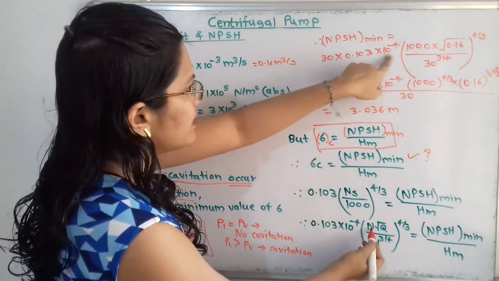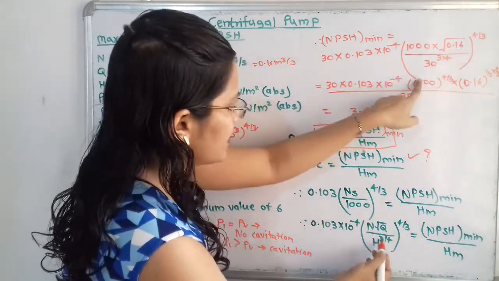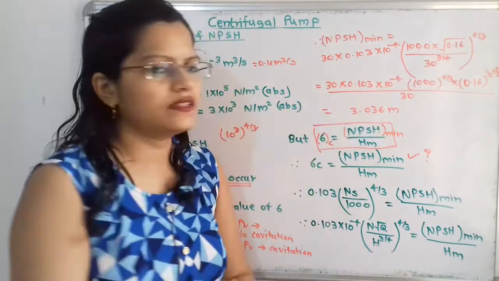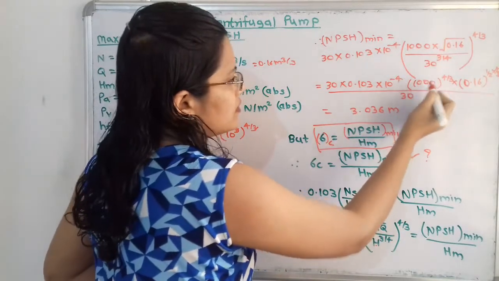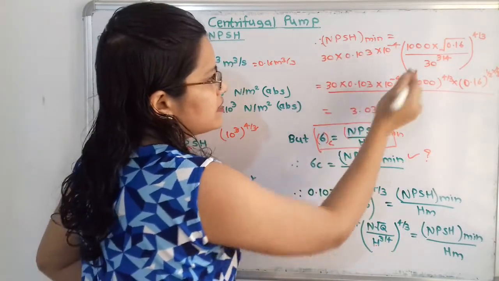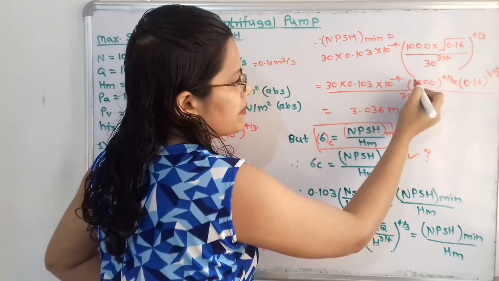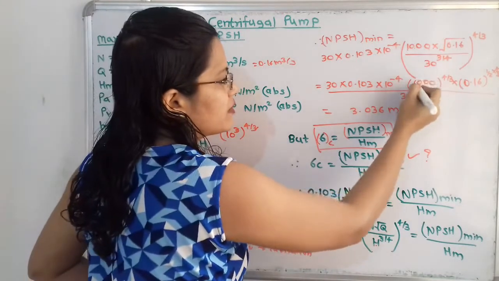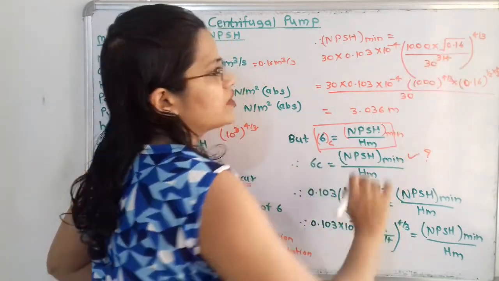Now in the bracket, n is 1000, under root of q, that is 0.16, divided by h, that is 30 raised to 3 by 4, all raised to 4 by 3. Now we will simplify this term. 1000 we keep as it is, then 1000 raised to 4 by 3 becomes 10 raised to 3 raised to 4 by 3, so this 3 gets cancelled and it becomes 10 raised to 4, into under root of 0.16.